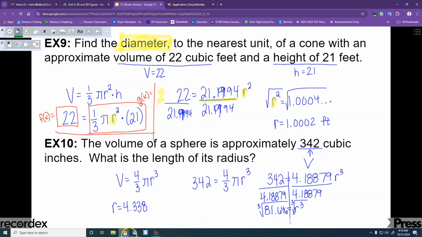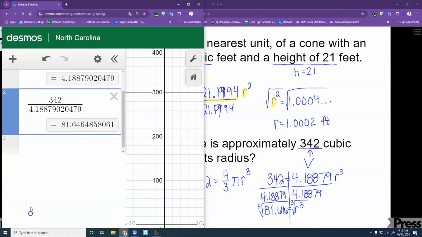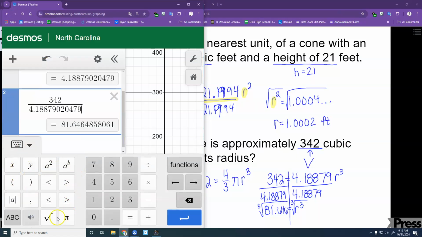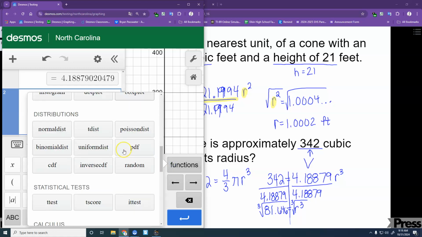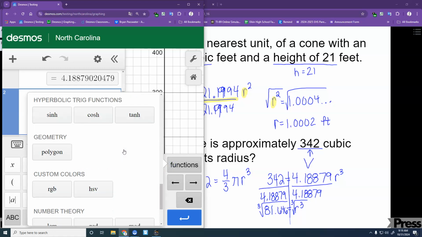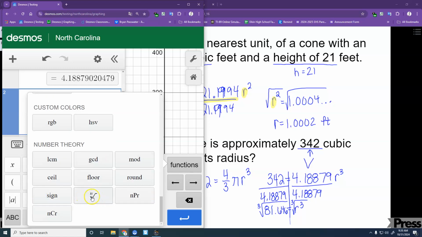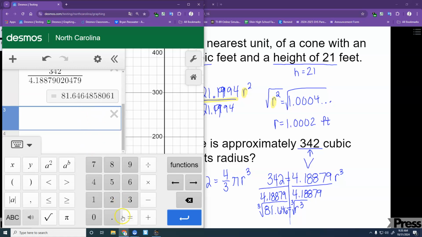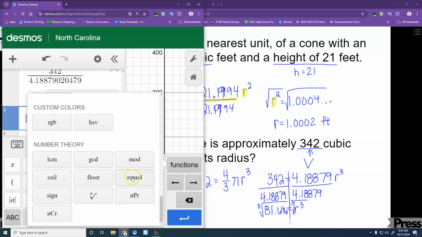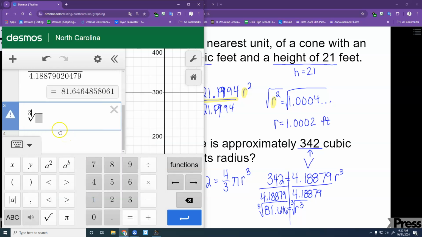And on Desmos, if you go right here, I think you got to go to functions, and there should be down here towards the bottom, maybe at the very bottom, this root with a little n on the outside. Oh, don't do it on that line, though. That's not what we want. We want to go down here and get the root. Put a 3 right here.